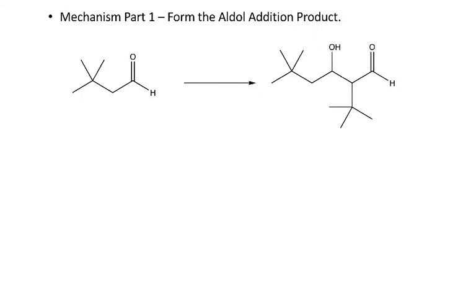All right, so now we want to draw the mechanism. And I think it's easy to break the mechanism up into two pieces. So first, draw the mechanism for the formation of the aldol addition, and then we can draw the mechanism for the elimination that's going to give us the condensation product. So the first thing that we need to do to form the addition product is use my base to pull off one of the alpha hydrogens.